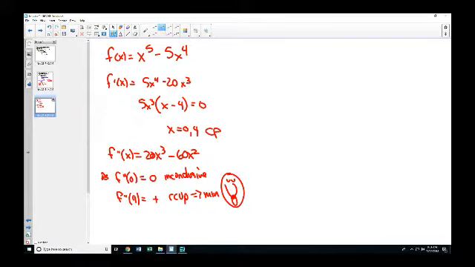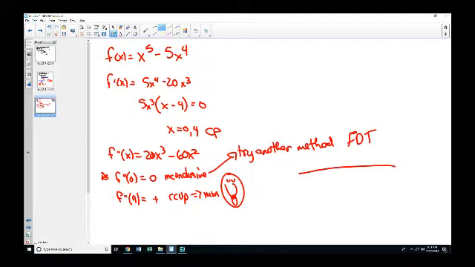So if this is inconclusive, try another method. Would you still have to do it for the other critical point? You know the answer to this one. If you want, you can try the first derivative test, just at 0. And remember, you're now in the first derivative.